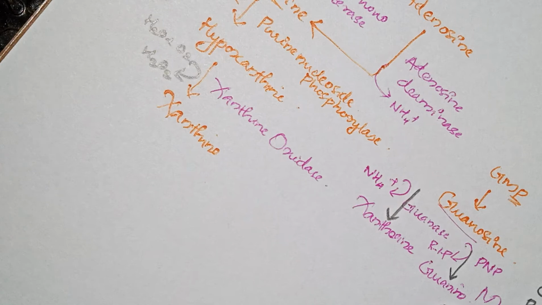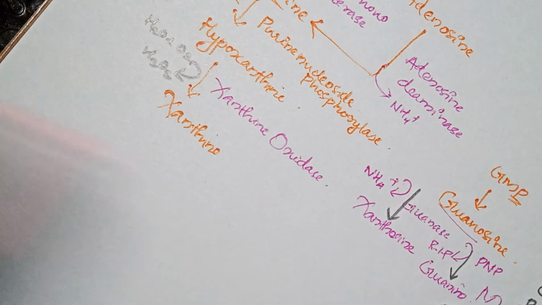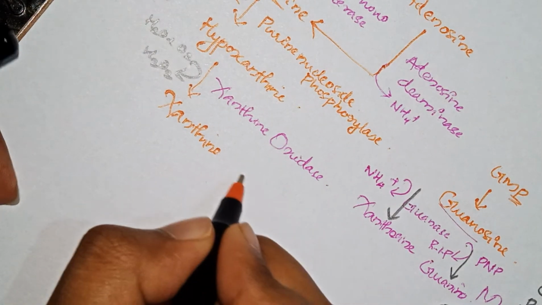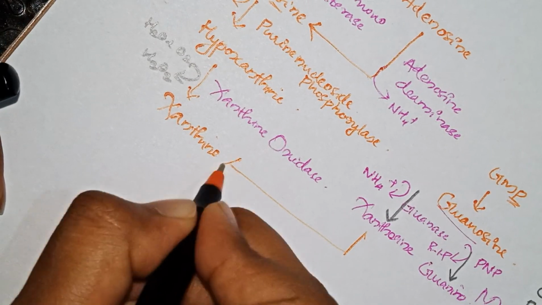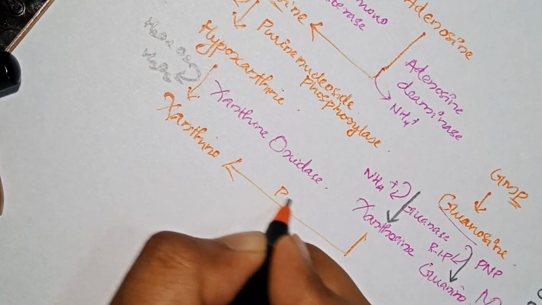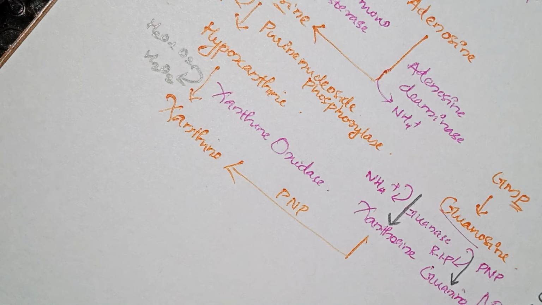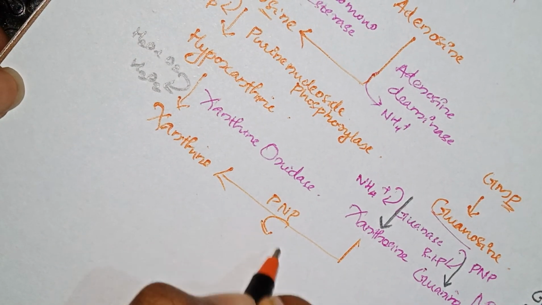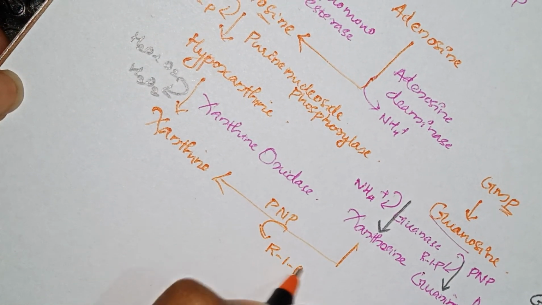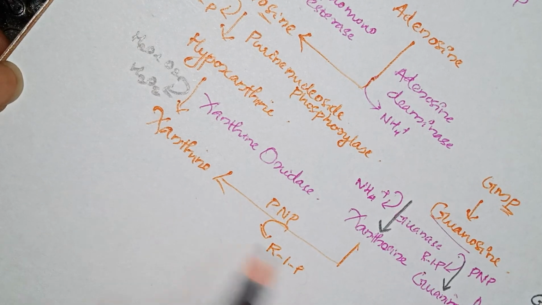Okay, now this xanthosine can be converted into xanthine by removing the sugar. So the enzyme is again PNP, purine nucleoside phosphorylase. We will be removing ribose 1-phosphate and it is converted to xanthine.